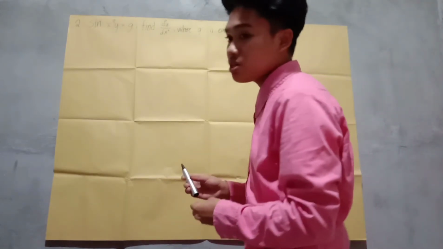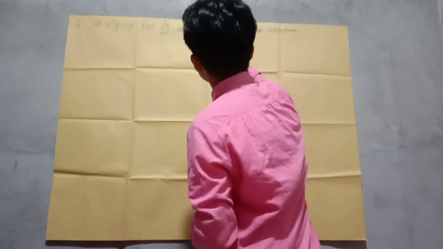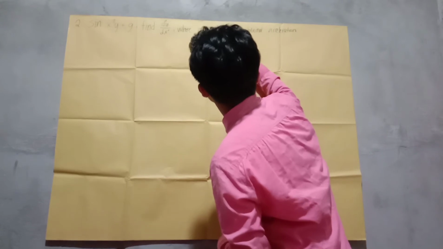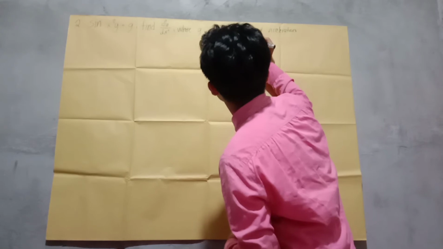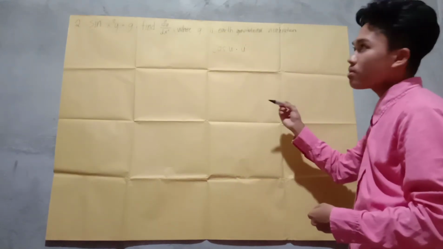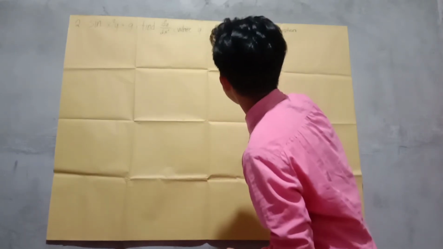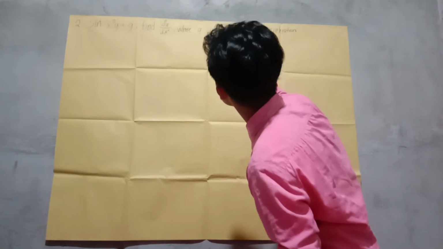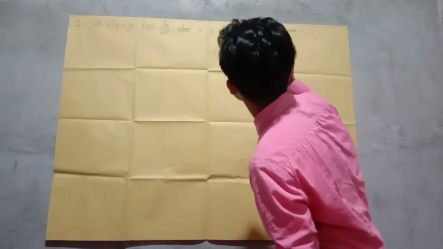So first, we need to find the derivative of the sine function, which is cosine u times u prime. To find the u prime, we need the product rule on x squared y, where u is x squared and v is y.